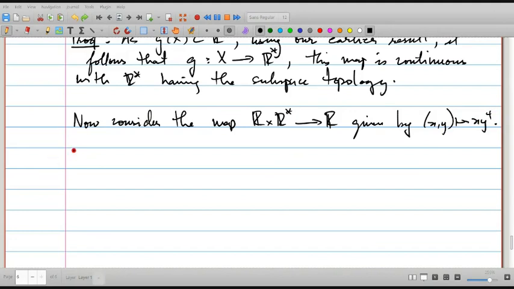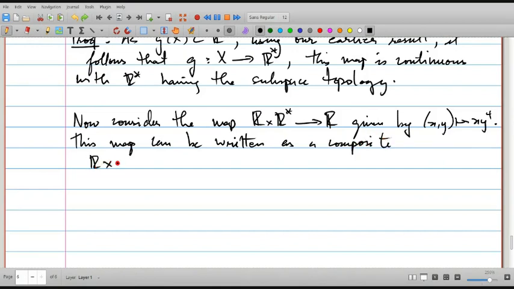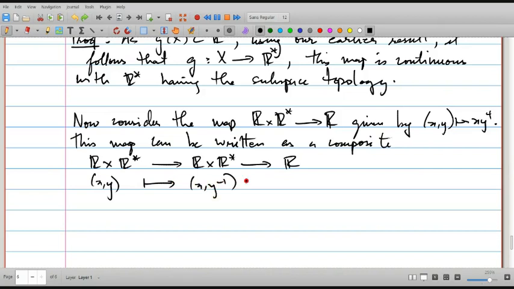So this map can be written as a composite: R cross R star to R cross R star to R, where x comma y maps to x comma y inverse, and this gets mapped to x y inverse.